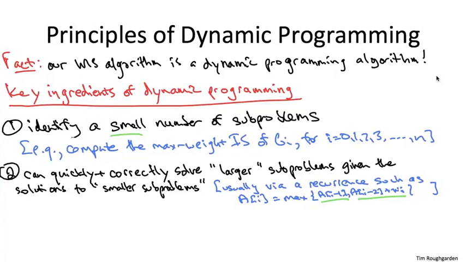And for this to work, it better be the case that at a given subproblem, given the solutions to all of the smaller subproblems, it's easy to infer what the solution to the current subproblem is. That is, solutions to previous subproblems are sufficient to quickly and correctly compute the solution to the current subproblem.